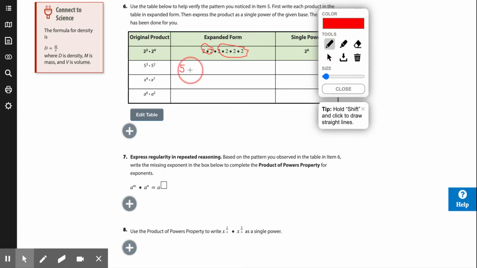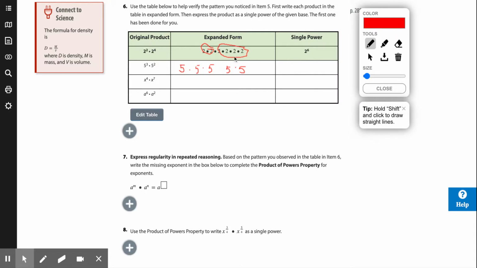So 5 times 5 times 5, times 5 times 5. And when we look at it in this expanded form, it's easy to see that now we have 5 5's being multiplied together. So that would be 5 to the fifth power.